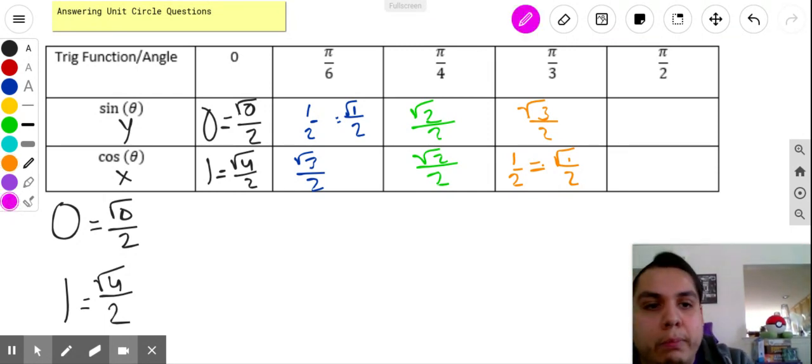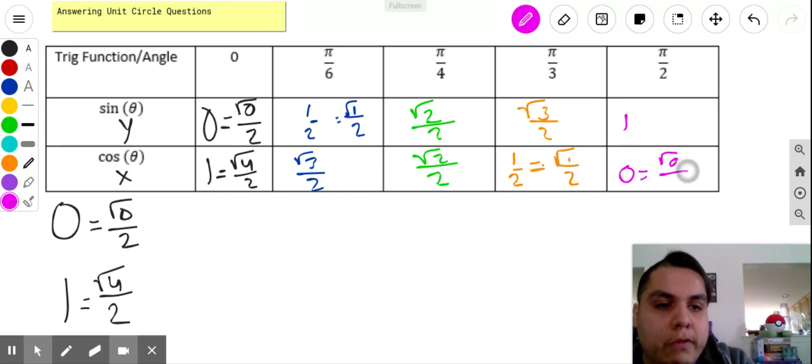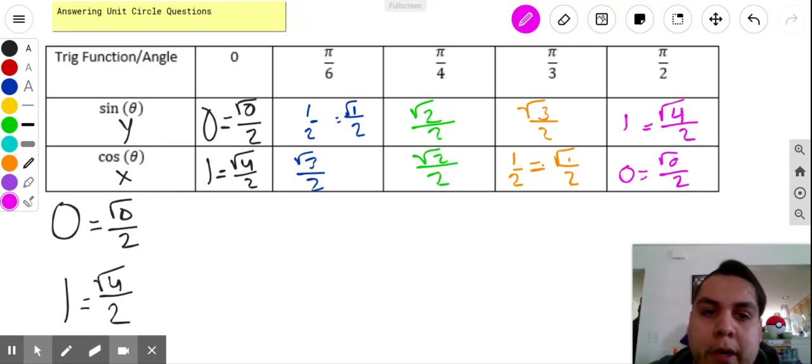And that produces the point (0, 1). Did it backwards. Which is same as square root of 0 over 2, which is same as square root of 4 over 2.